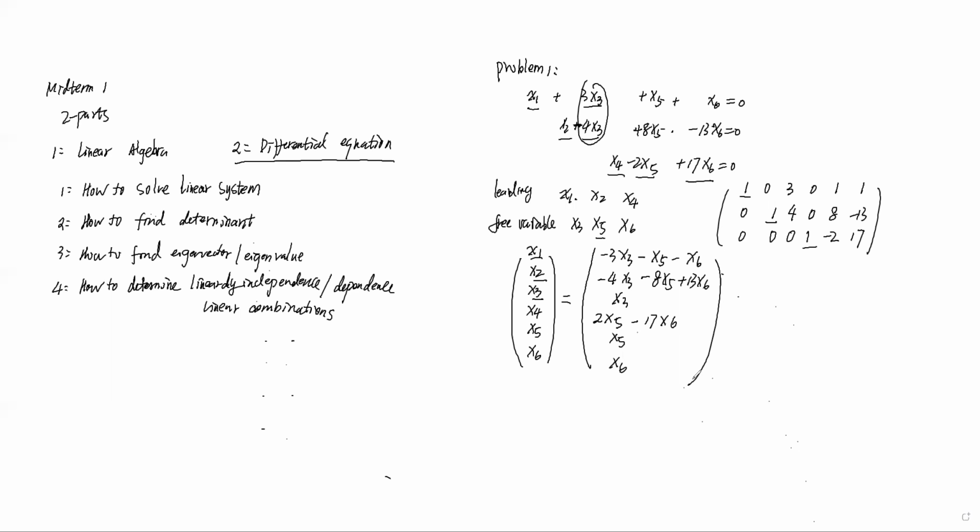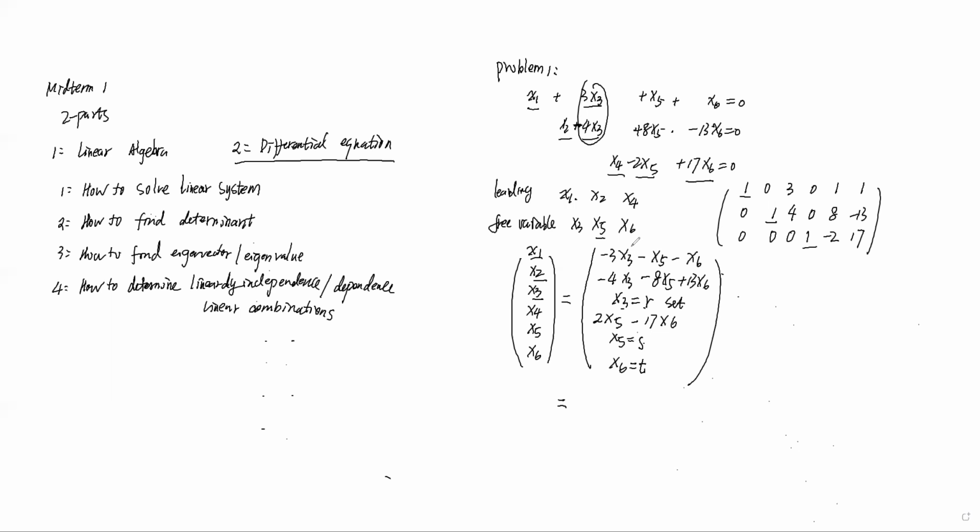So that's a solution, but you cannot leave the final answer like this. If you leave it like this, I think you will lose half of your score. You have to write it in vector form. How? You assume the free variables are r, s, t and plug them back in, then write in vector form.